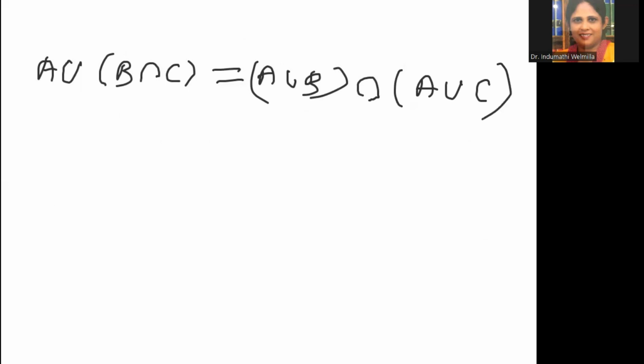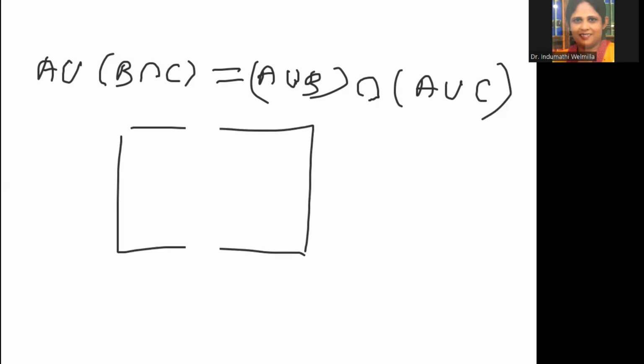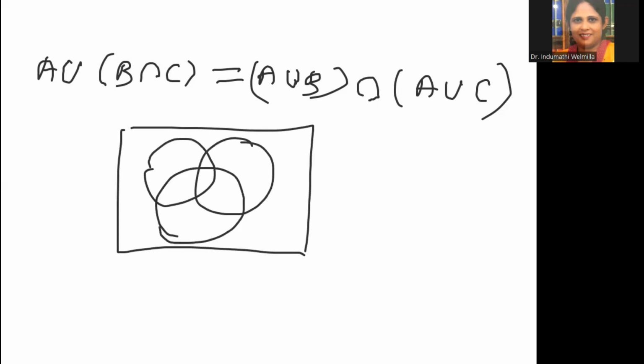These things we can further understand with the Venn diagram. You can see if we have A, B, C, 3 sets. So A union B, if I put here A, B, C, is this part.